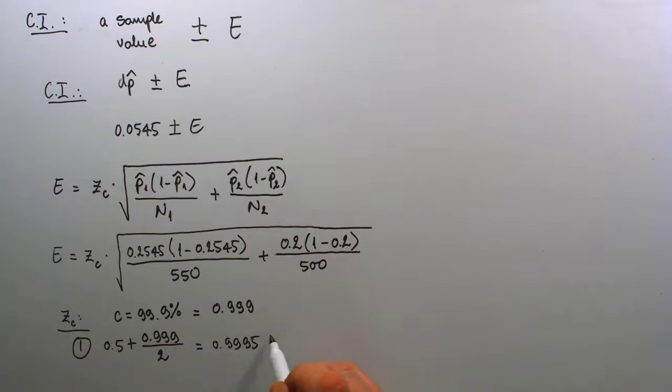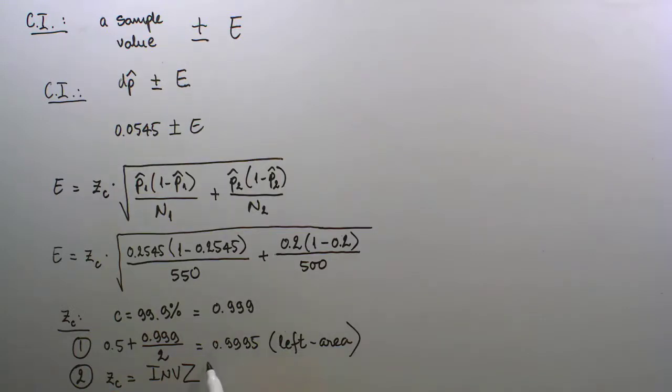And again, just like any other finding z sub c problem, I'm going to regard the answer of this step 1 as the left area, or some technology refers to this as the area left. Step 2, our final z sub c value will be calculated by running a technology that will invert this left area calculated from step 1, to come back with a z-score.